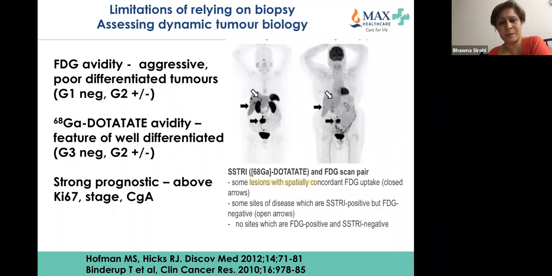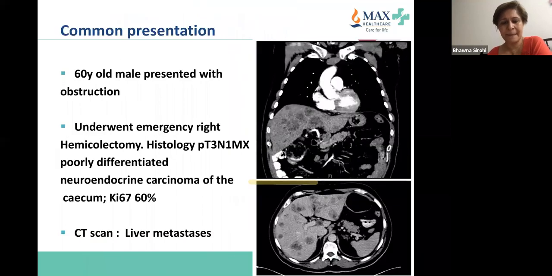And it's not possible to biopsy every area. So my practice is that in each new patient, I try and do both, because it helps me treat the patient better, and I'll come to that why. It is very strongly prognostic above Ki-67, stage and chromogranin, though it has not been validated prospectively in clinical trials.